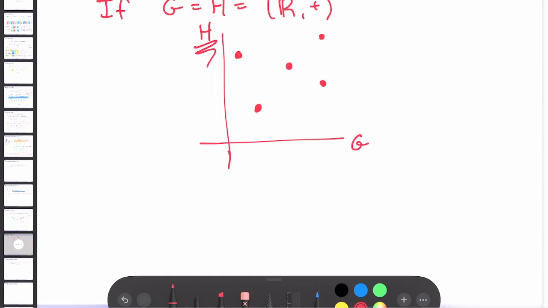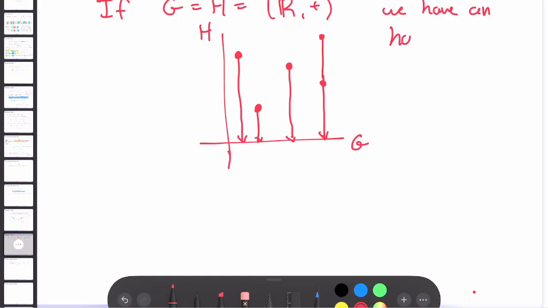I don't care where they are in H. I just want to know what's going on here. Project, that one goes to that group element, that one also goes to that group element. So, to the x-axis.